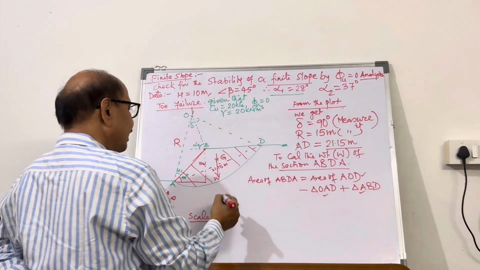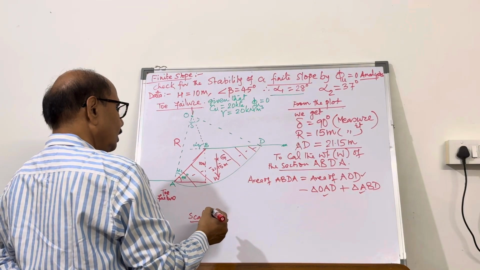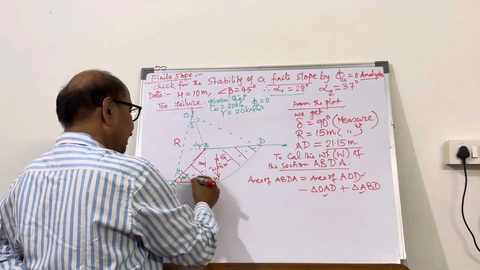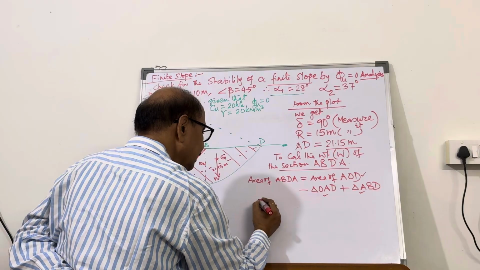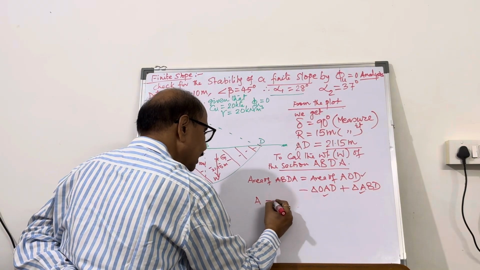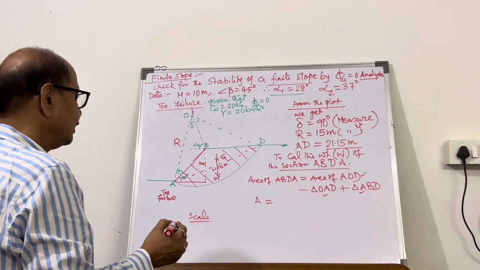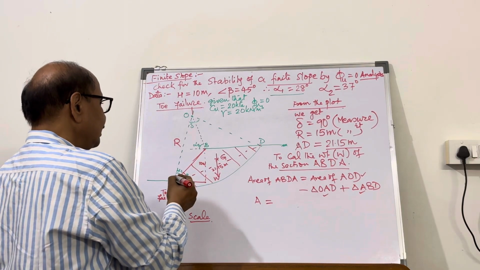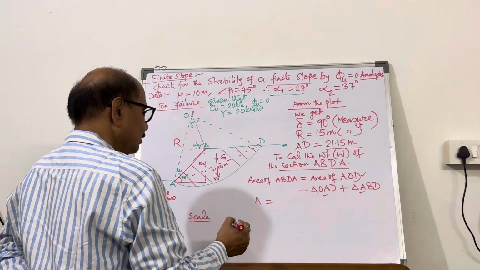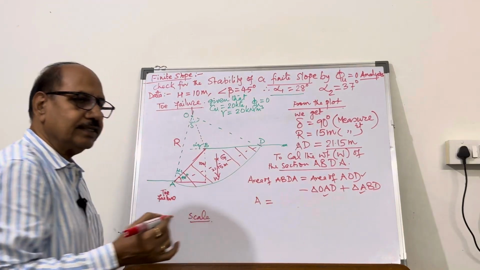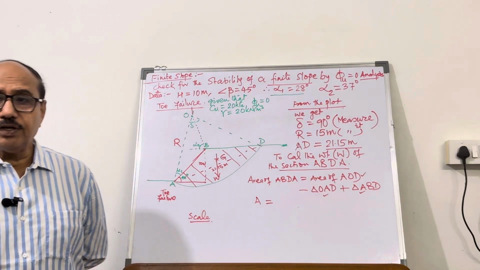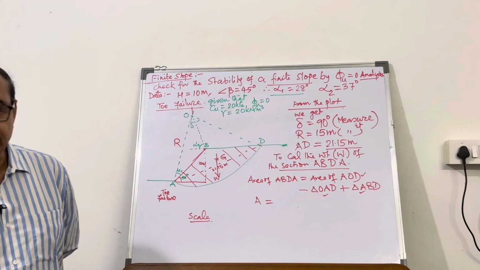So area of ABDA will be this area, let's say it is A, area of AOD. Now what is the AOD? It is a part of a circle. So it is very simple now. We know how to find out the area.